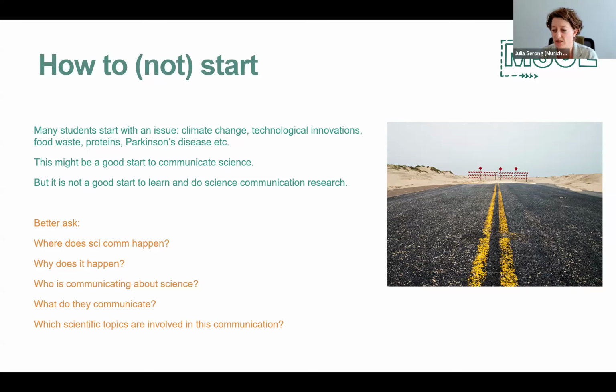And who is communicating about these issues, like the communicators, but also the target groups. And then, Felicity touched upon that already, the question concerning the content. So what do they actually communicate? And perhaps very late in the process, I can ask the research field, so which scientific topics are involved in this communication.